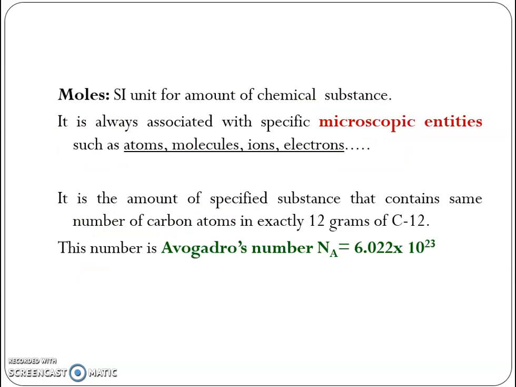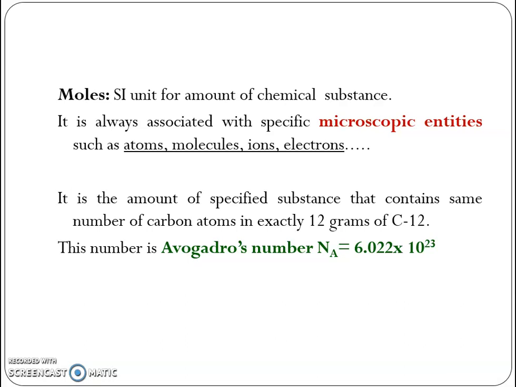Let us see the first entity, that is moles. Mole is the SI unit for amount of chemical substance. It is always associated with specific microscopic entities like atoms, molecules, ions and electrons. So for quantification of the atoms, molecules, ions and electrons, generally the term mole is used because these are very small, that is, they are microscopic entities.